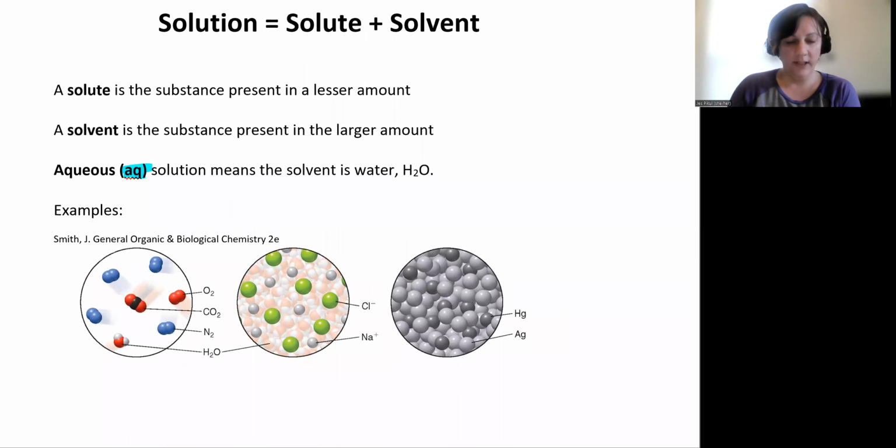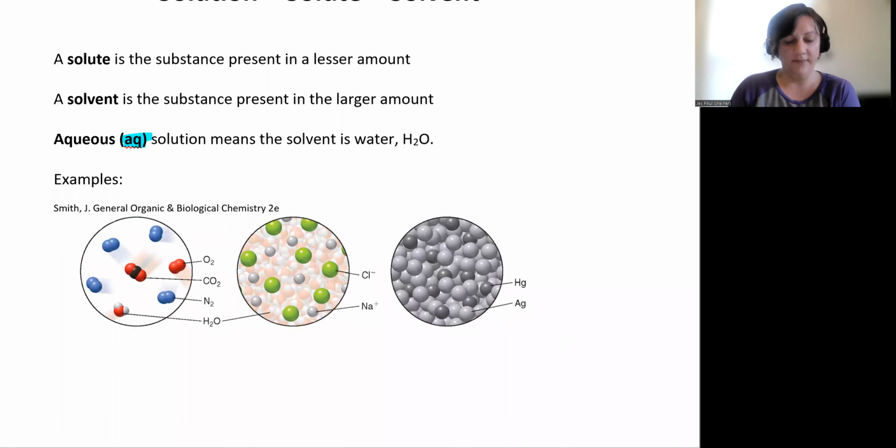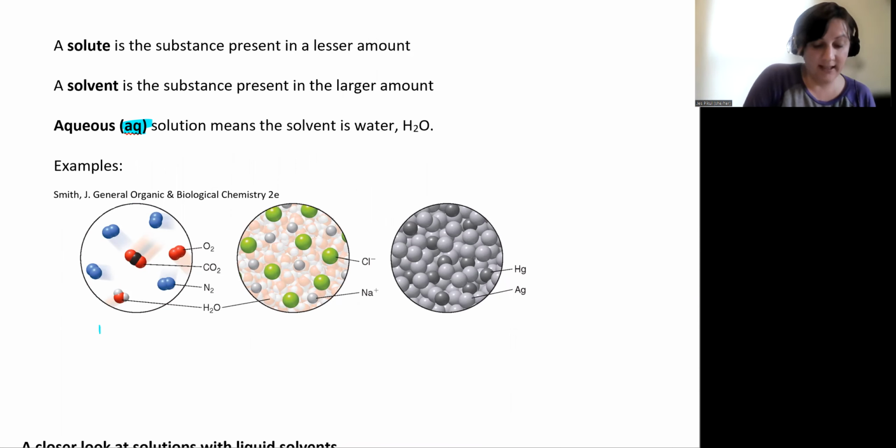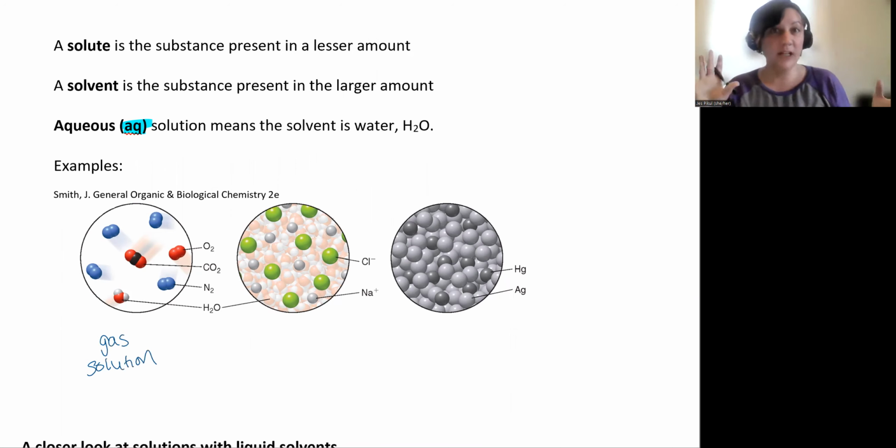Here are a few examples of different types of solutions, and they come in all sorts. And even though we'll focus a lot on ones that are in liquids, solutions can be multiple gases mixed together. Like the air around us, it has mostly nitrogen, but it also has a lot of oxygen and other things like argon and carbon dioxide and water as a gas.